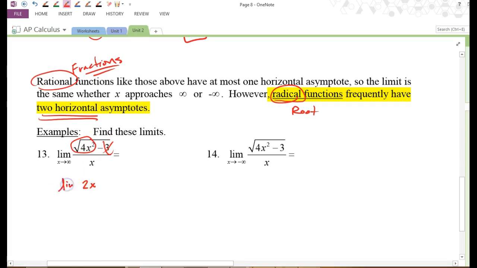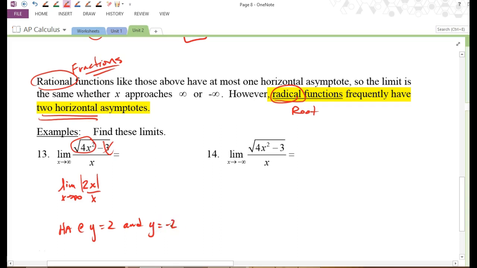And when I do that, I want to think, oh yeah, I have a plus or minus version of this. So there are going to be 2 asymptotes. We've got the first case where we have an x over an x, so there's going to be a horizontal asymptote at y equals 2 and y equals negative 2, so it's a plus or minus.